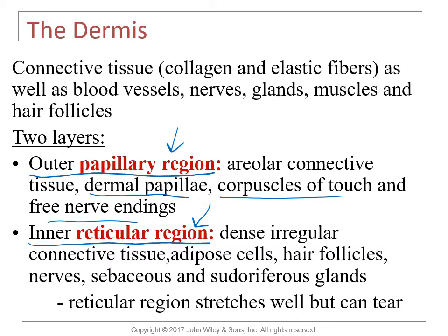The more regular orientation of the large collagen fibers helps the skin resist stretching, and blood vessels, nerves, hair follicles, sebaceous glands like oil glands, and sudoriferous glands like the sweat glands occupy the spaces between fibers.